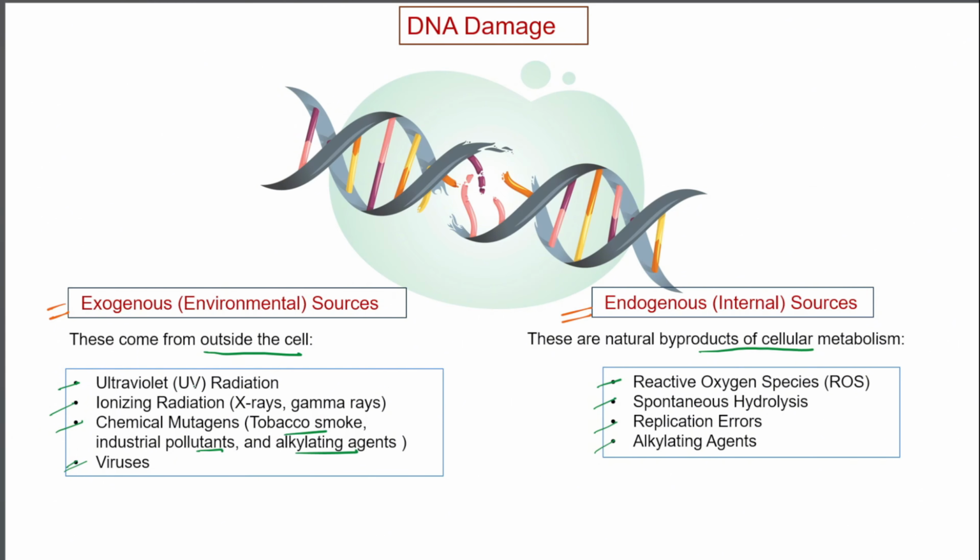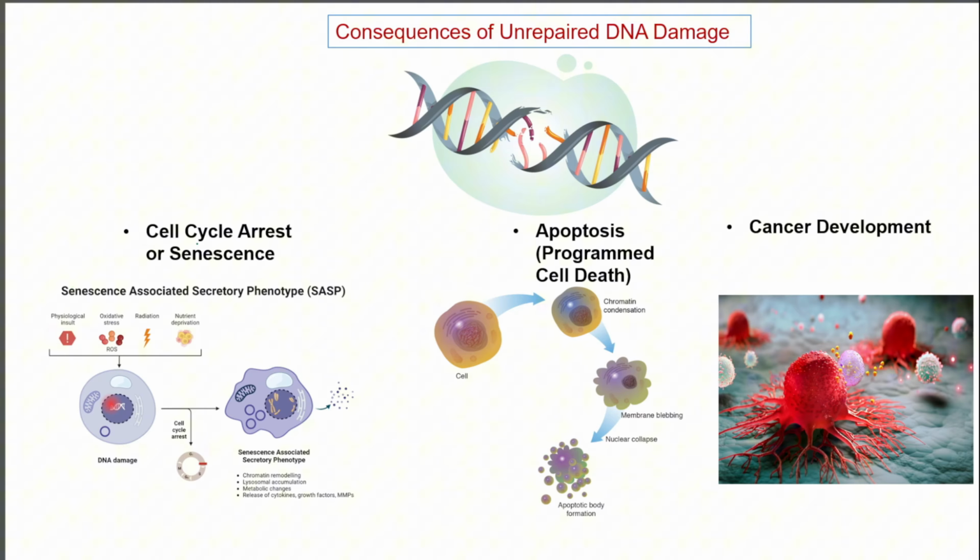DNA damage can lead to different outcomes. One is cell cycle arrest or senescence, that is a temporary or permanent halt to prevent division of a damaged cell. Another is apoptosis, that is called programmed cell death, where damaged, aged or unnecessary cells are removed in a controlled and beneficial way.